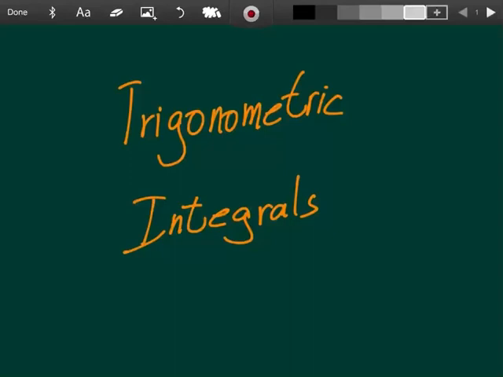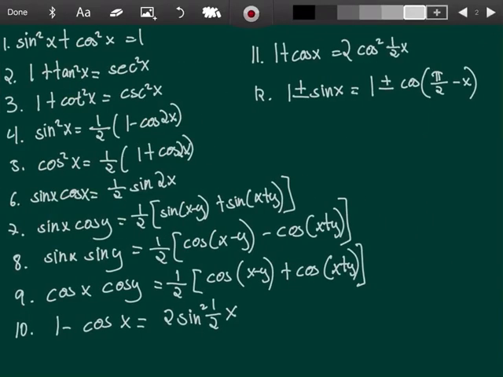Okay, so let's start. Our lesson is about trigonometric integrals. In this class, we are going to familiarize ourselves with the following identities, which are used in the evaluation of trigonometric integrals.